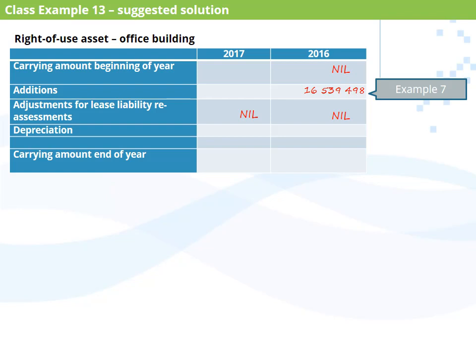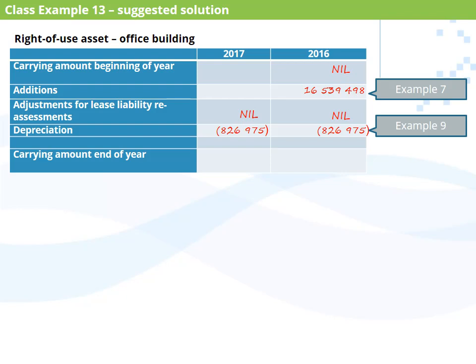So we depreciated over the lease term of 20 years, and that we worked out in example 9 of 826,975. Remember, because there were no adjustments to the lease liability, which would have impacted the right of use asset, the depreciation for 2017 was the same as 2016.